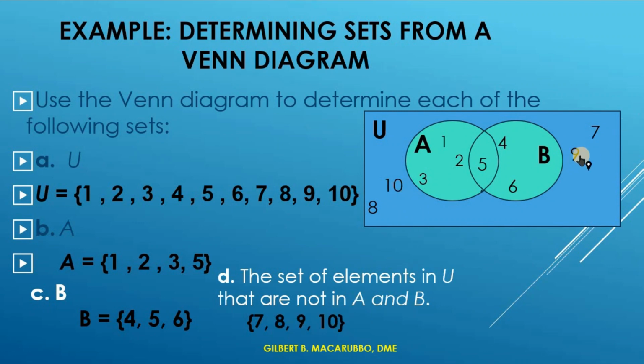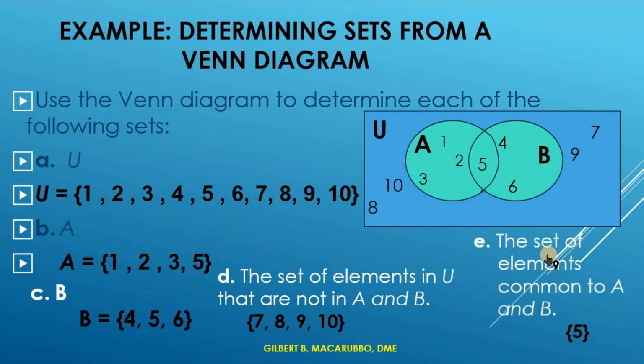So itong mga 7, 8, 9, and 10 ay yung mga nasa outside or not in elements A and B. So the set of elements common to A and B is 5. So kung makikita natin, set A, we have number 5. Set B, we have also number 5. So therefore, 5 is common to set A and set B.